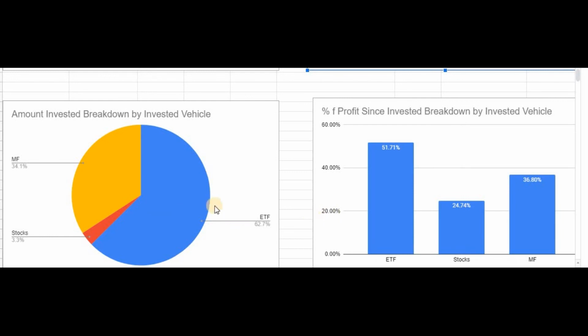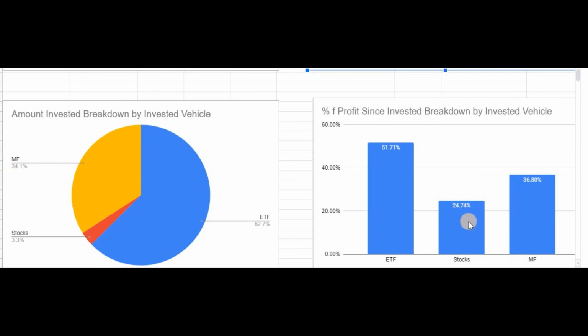Now if you observe these two graphs very clearly, this pie chart explains in what way I invested my amount, and this bar graph explains how I got profits. I got the highest profit in ETF, that is 51.71%, and I invested the highest amount in ETF only, that is 62.7%. I got the second highest profit in mutual funds, that is 36.80%, and I invested the second highest amount in mutual funds, that is 34.1%.